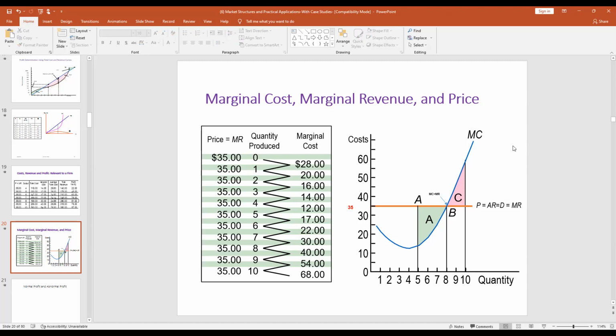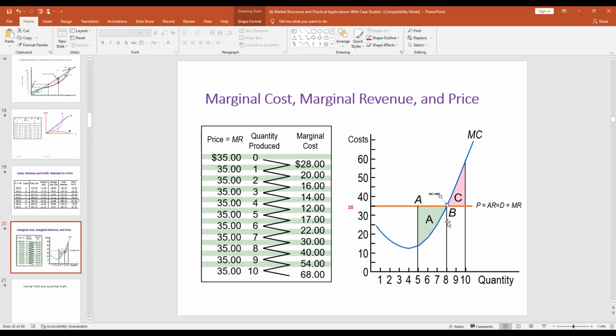At this price, we identify MC equal to MR, which means profit maximizing situations. At this price only, he can get the profit maximized. If you are producing less than this, your profit is below what you can achieve.